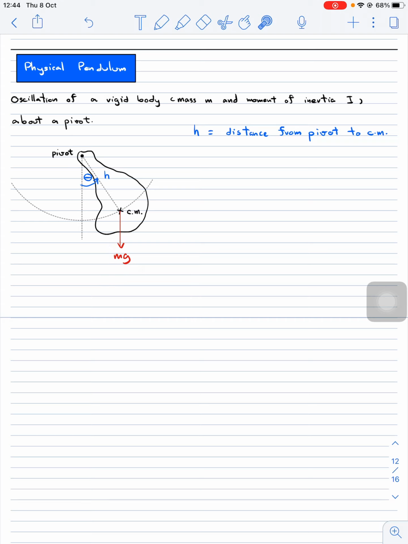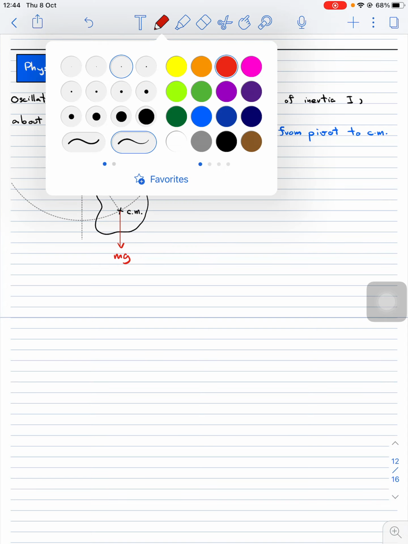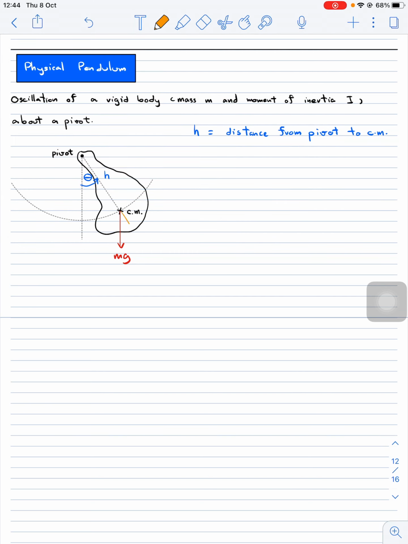Then we can break the force mg into two components. One is in the radial direction and the other is in the tangential direction. If the angle is theta, this one is equal to theta as well.